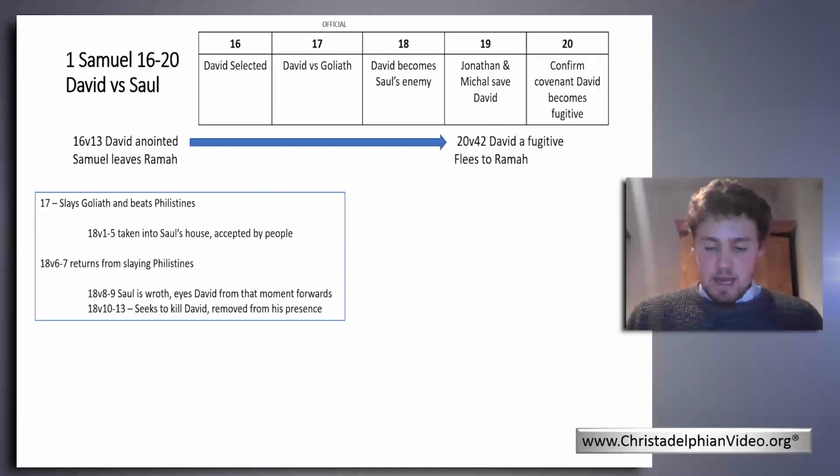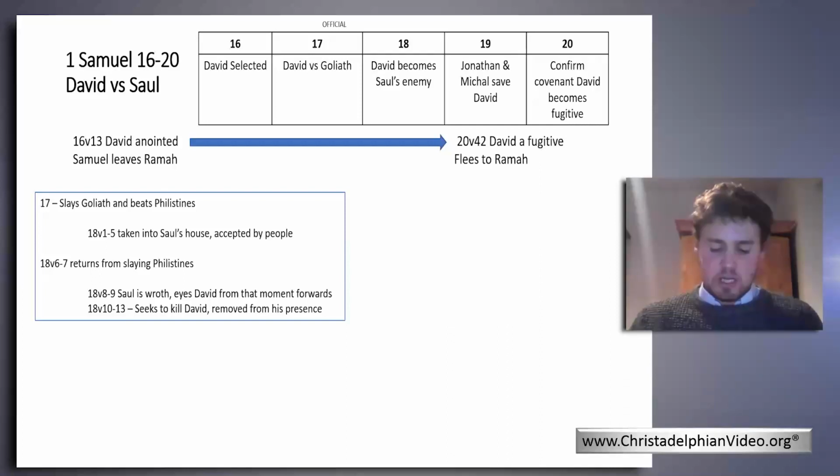And then, as a result of what he has been asked to do, which is to continue fighting against the Philistines, and what he's just come from doing with Goliath, it's the same thing in verse 8, and the people's response and praise of David means that Saul is very wroth and he eyes David from that day forwards.